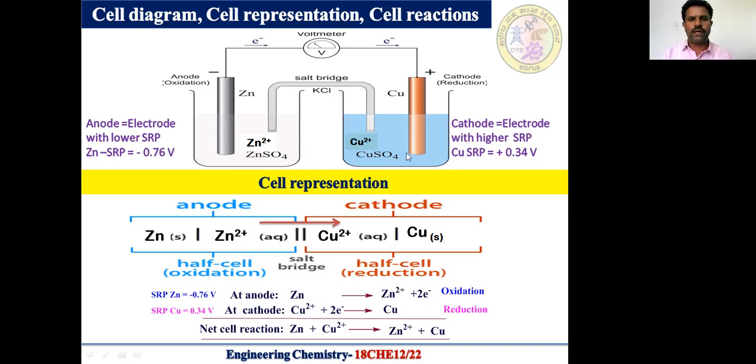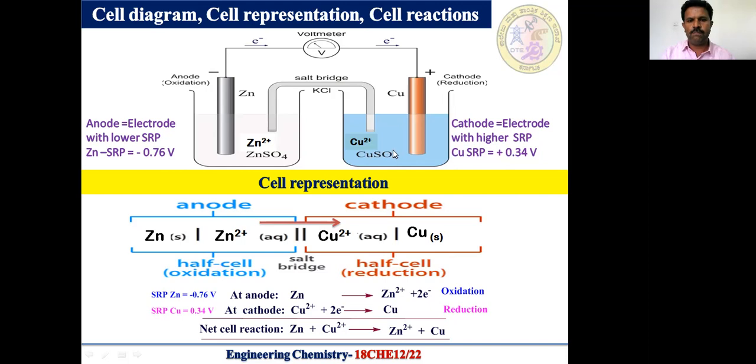And the cathode, that is copper electrode, is written on the right side of the anode. Here the electrolyte solution is copper sulfate, containing Cu2 plus ions, and we can mention the concentration of copper sulfate or any electrolyte here, and it is in contact with the copper metal, which is in solid phase.